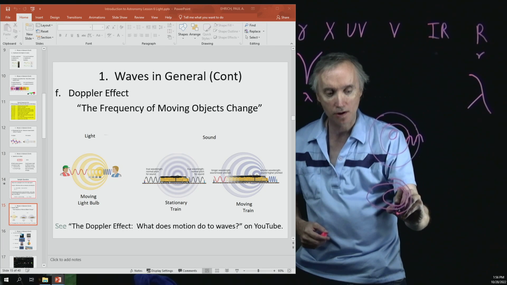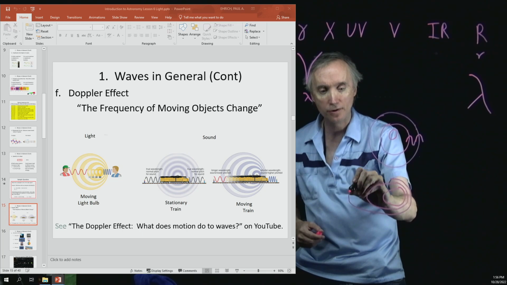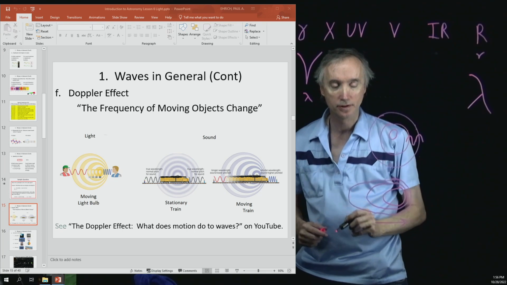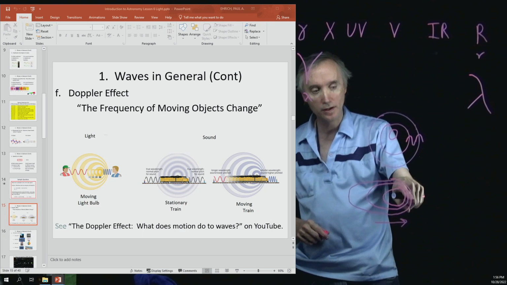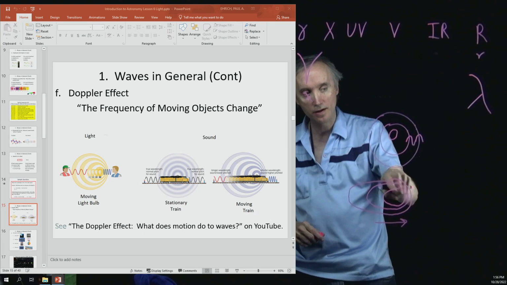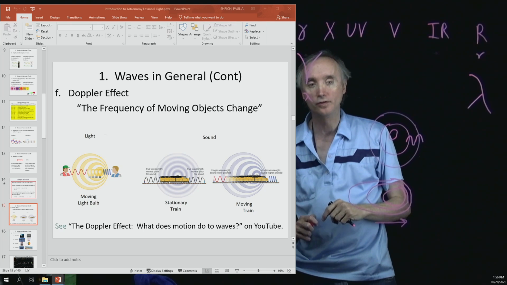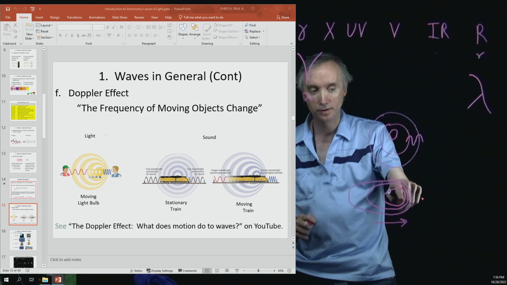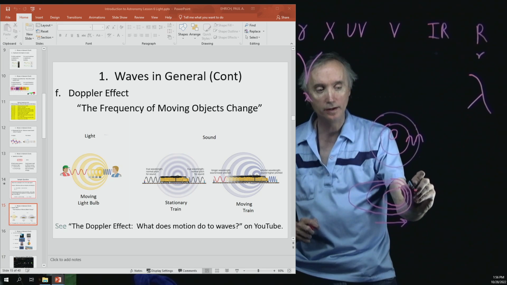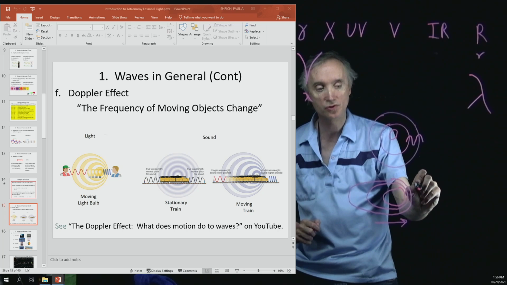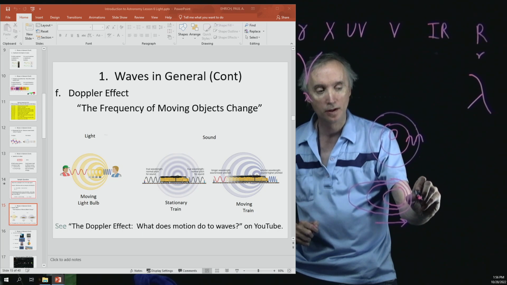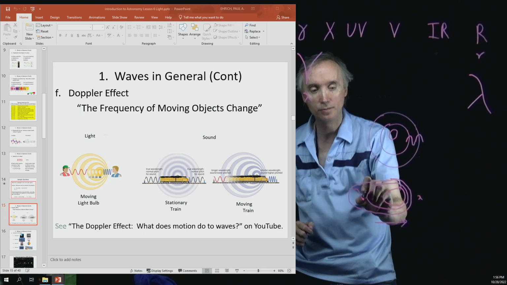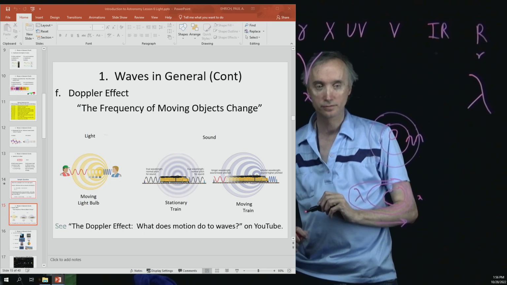The waves are being crowded together as the whole thing moves in this direction. They're closer together. So what does that tell you about the wavelength? If they're closer together, then the wavelength is going to be smaller. And on this side over here, the wavelength is going to be larger.